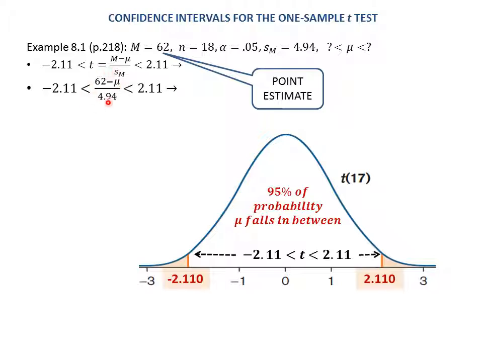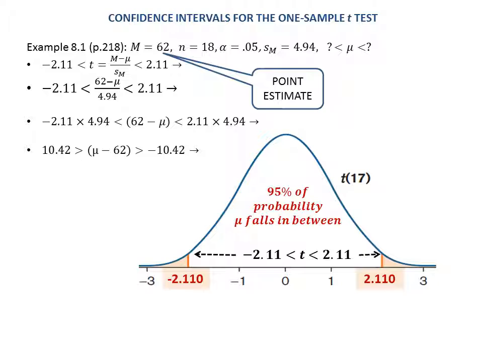So t is larger than minus 2.11 and smaller than 2.11, and we put all the numbers in there. We know the sample mean and the estimated standard error. To get rid of this denominator, we multiply by 4.94.